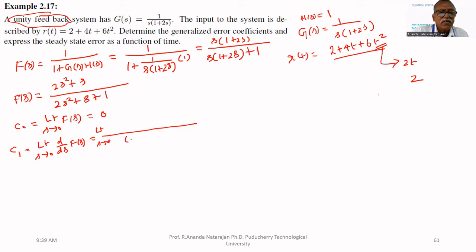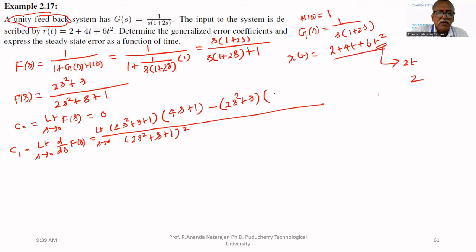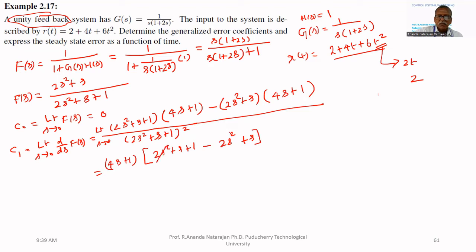If you differentiate once, what will you get? The denominator is (2s squared plus s plus 1) whole squared. In the numerator, if you differentiate the first term, (4s plus 1) multiplied by (2s squared plus s plus 1), minus (2s squared plus s) multiplied by the derivative of the denominator, 4s plus 1. 4s plus 1 is in both terms, so we get (2s squared plus s plus 1 minus 2s squared plus s) upon (2s squared plus s plus 1) whole squared.